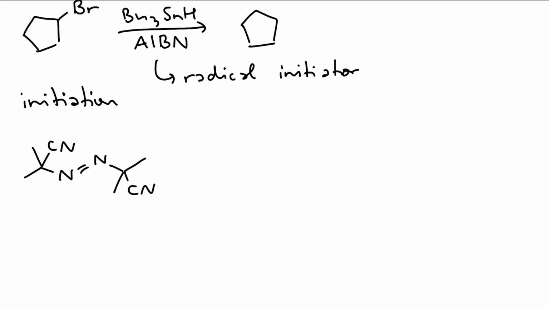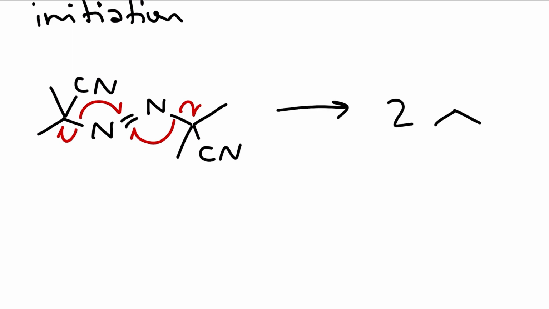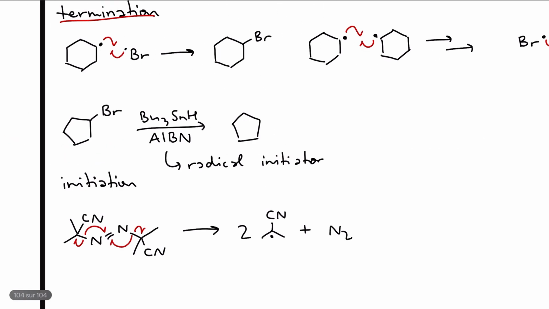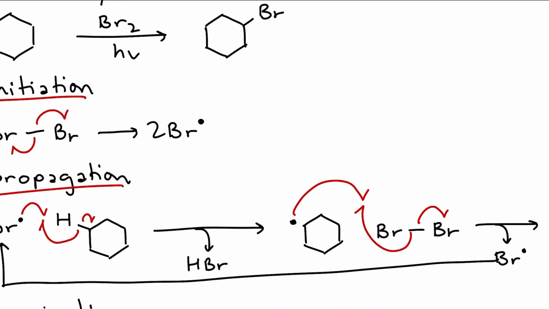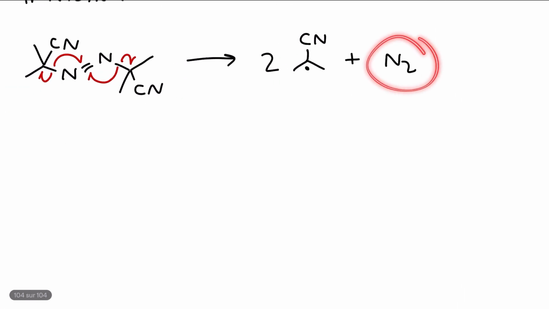So this will happen to form two of these radicals and nitrogen gas. Might as well be consistent and put 2 right there. And nitrogen gas, which, as you know, is the best entropy booster. So that's your initiation step.